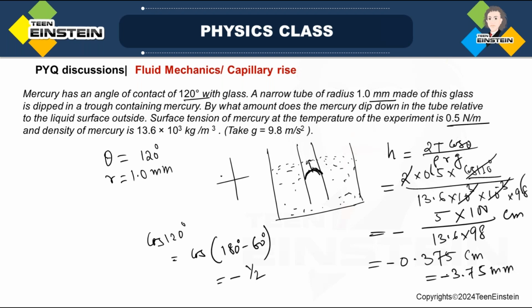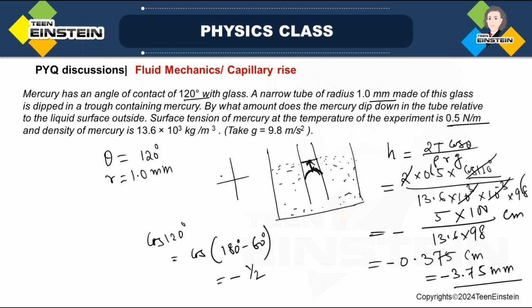Minus 3.75. Why minus? Because I am taking this as reference and this is the height. It gets depressed. So minus 3.75. This minus sign is telling you the depression. I have just taken the formula same as the rise, but here we are getting a negative sign.